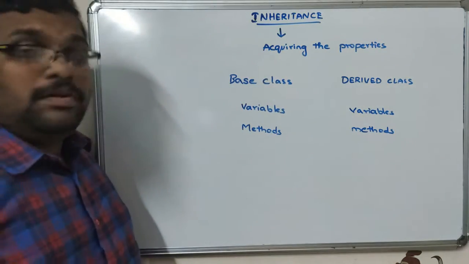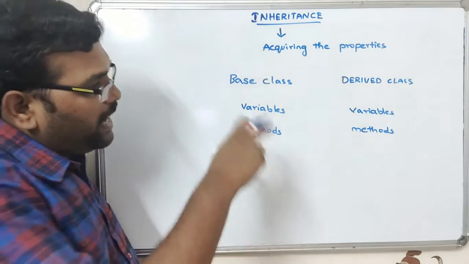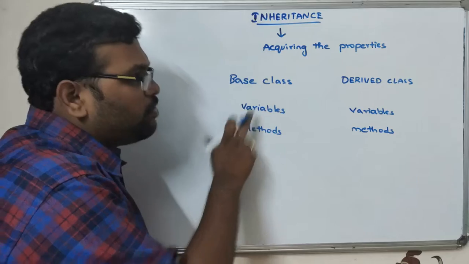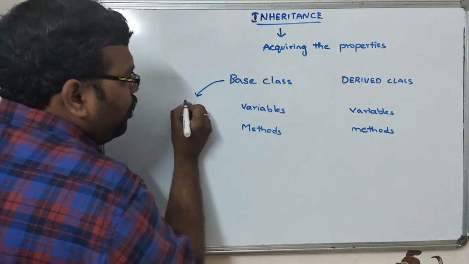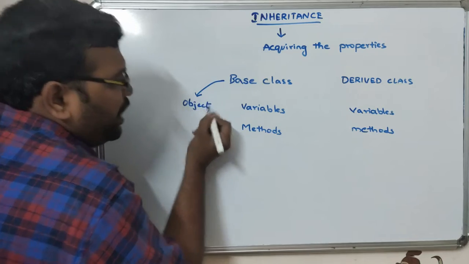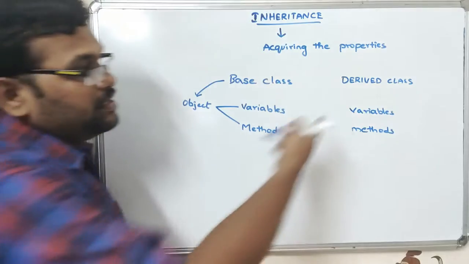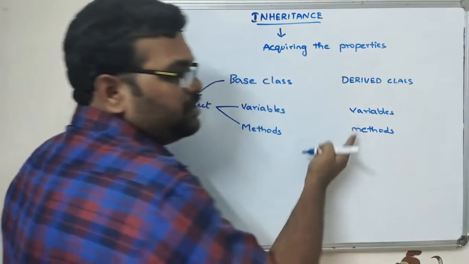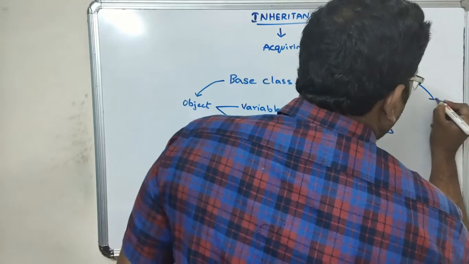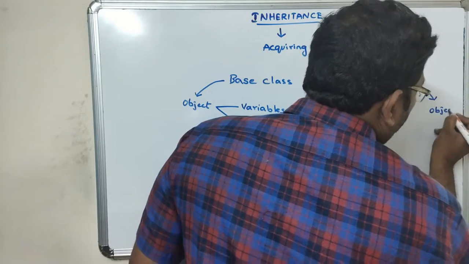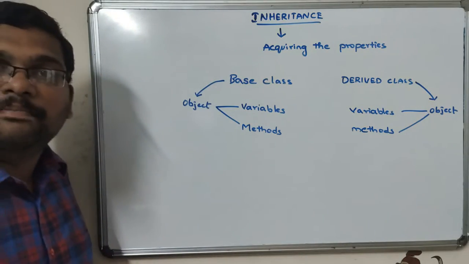In the previous session we have seen, in order to access the variables or methods of a class, first we have to create an object, and through that object we can access the variables and methods. Similarly, for this class we have to create an object.